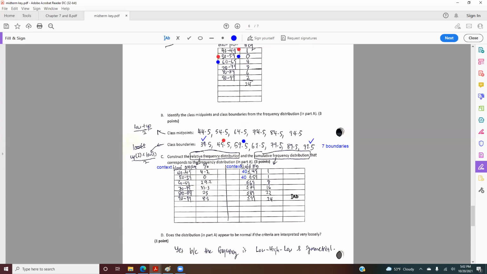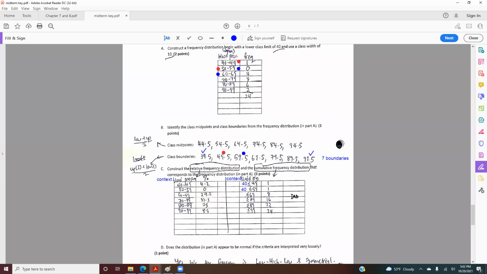But it says, your direction says construct the relative frequency distribution and the cumulative distribution. It doesn't say, that corresponds to the frequency distribution in part A. So I assumed, okay, well, I already completed part A, and C just says I just need to do relative and cumulative. That's the reason why I didn't put A down there too.